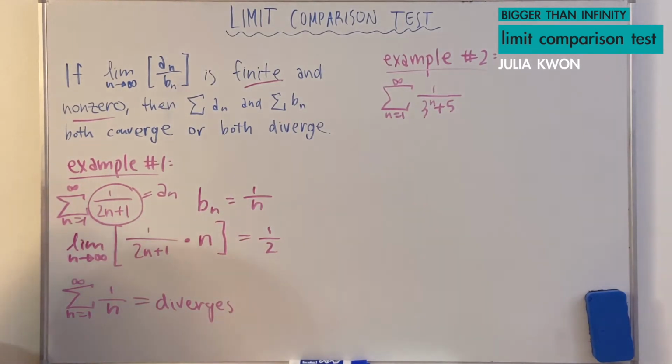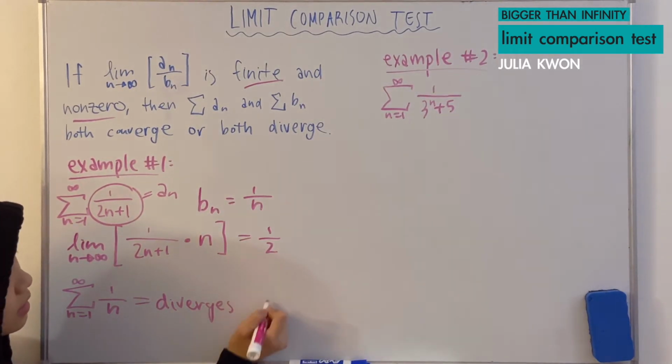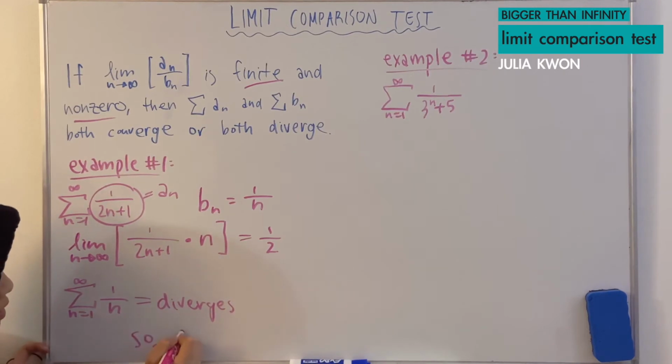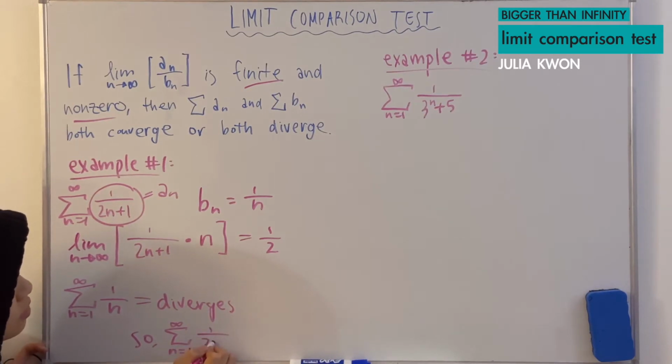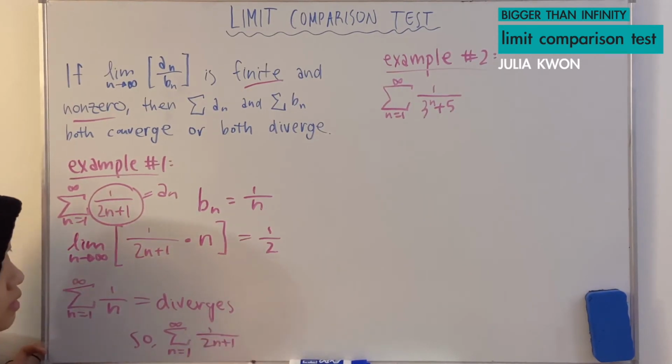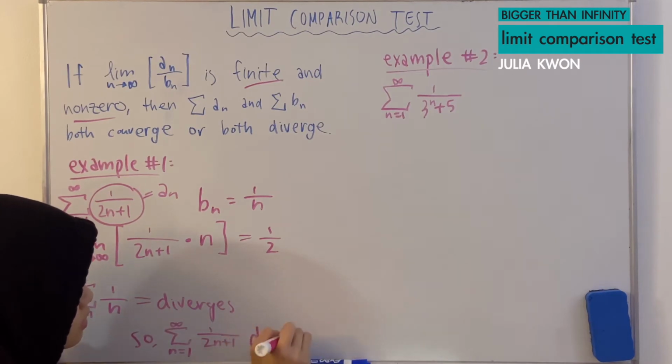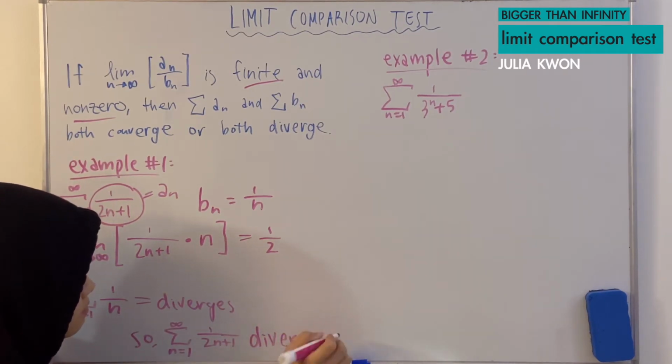So using this, we know that the infinite series 1 divided by 2 times n plus 1 also diverges.